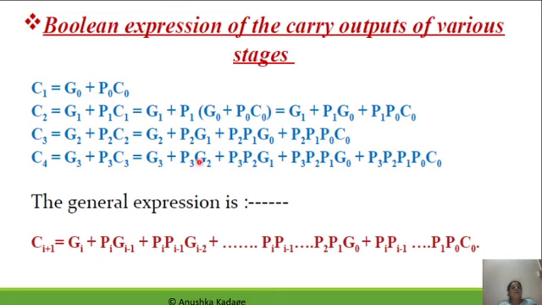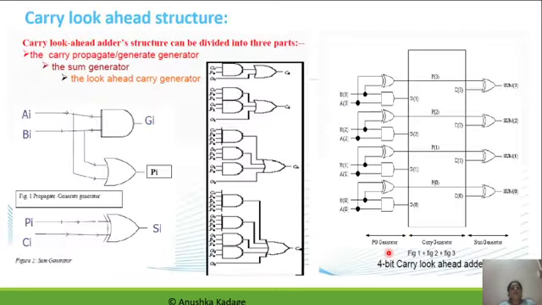Then Pi G(i-1). Next is Pi P(i-1) G(i-2), and so on if we go on writing these expressions. So I hope, friends, this expression writing is now clear to you.